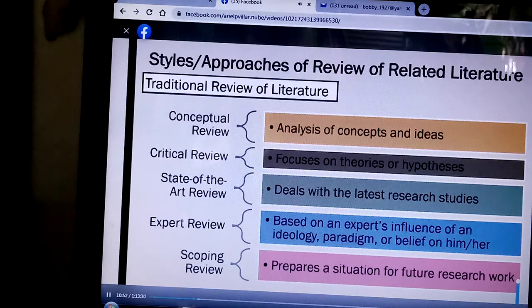It is the explanation focusing on theories and hypotheses of previous works of experts and researchers, no? Pag sinabi naman natin na state of the art review of related literature, it deals with the latest research studies, no? So, pag state of the art, yung mga bago-bagong studies na po siya.